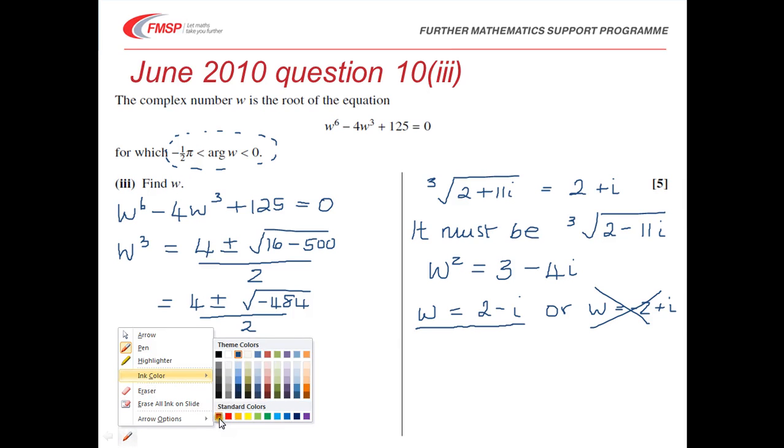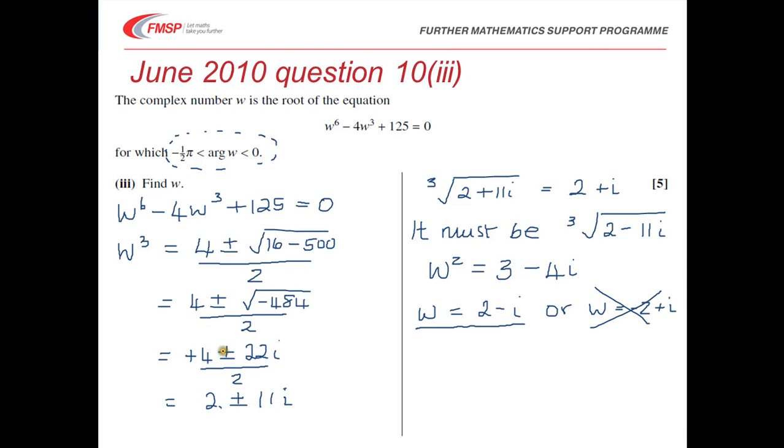So if we just have a quick look again at how those have been awarded, then you got a method mark for attempting to solve this equation. Here you got an accuracy mark for ending up with 2 plus or minus 11i. You got a method mark for seeing here that in fact it had to be the cube root of 2 minus 11i.